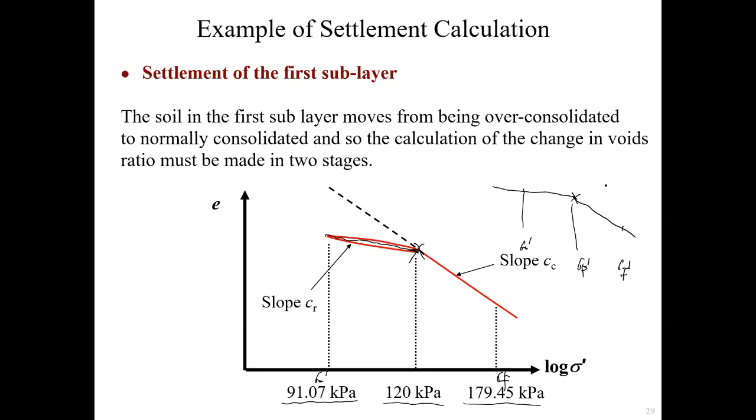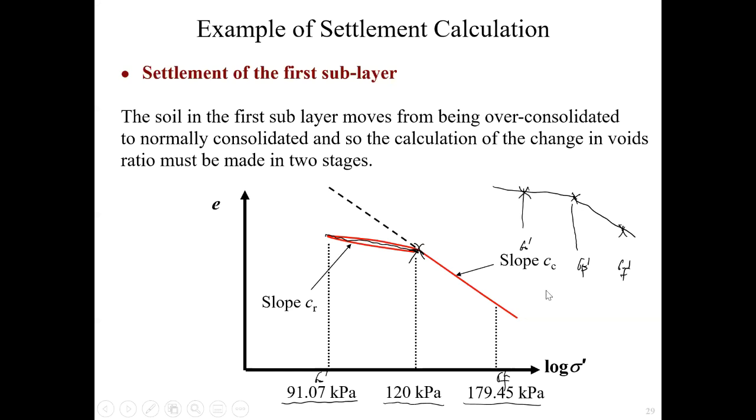It's always like this. Because the gradient, that will be a reflection of the change of the settlement. Previously we already saw that the NC soil has higher settlement. Why is that? Because the gradient is higher. So that's why the change in void ratio is much larger, so you have a higher settlement. So what we need to do, just work out the 3 values and find the relative position and choose the corresponding formulas to do the calculation.